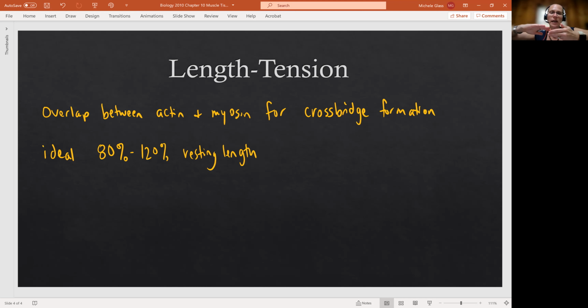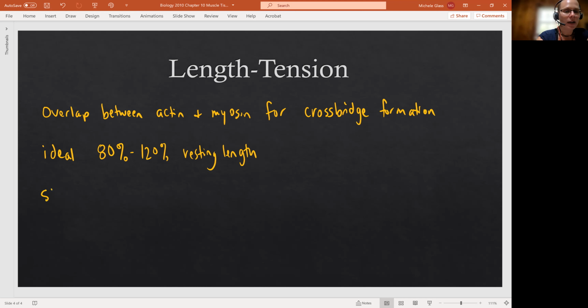If there's only a tiny bit of overlap, then you have to do a whole lot more contraction to get to the ideal before you can build tension. And if you've already completely slid the actin all the way in towards the M line, there's no more room, there's nowhere else to go. So if you have too much overlap, you're pretty much done contracting. If you don't have enough overlap, you got to work a little bit to get to that ideal point.